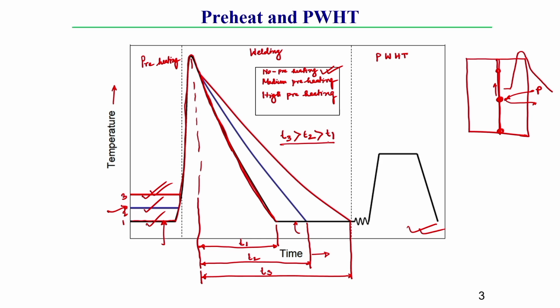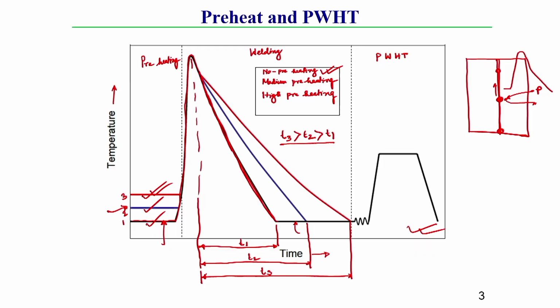It means your cooling rate decreases. Once the cooling rate decreases, it helps the hydrogen to escape from the weld as well as the heat affected zone. Also, chances of formation of martensitic structure are reduced.